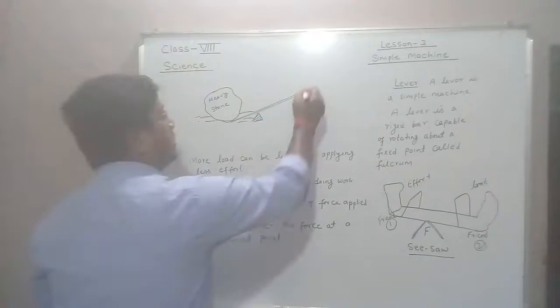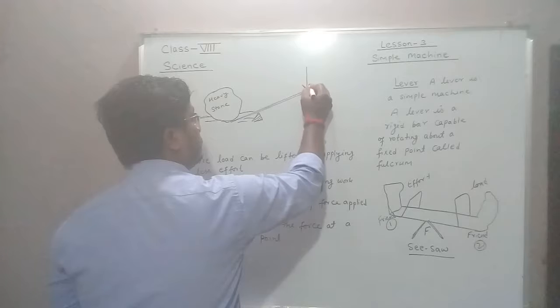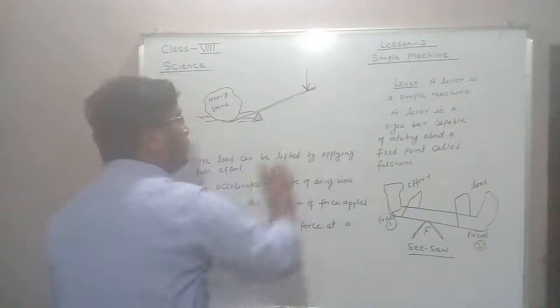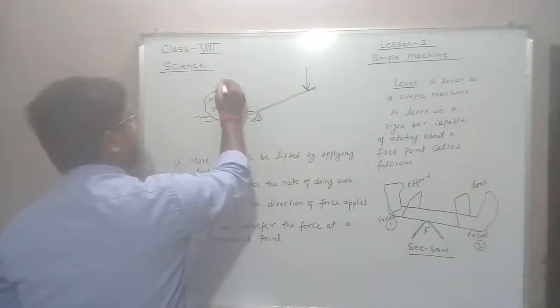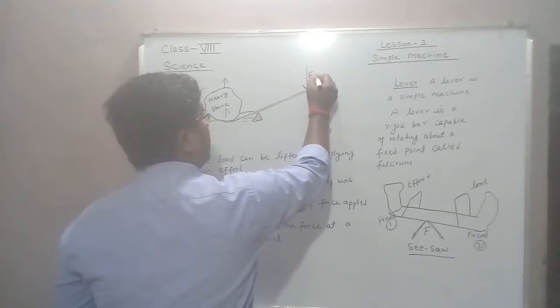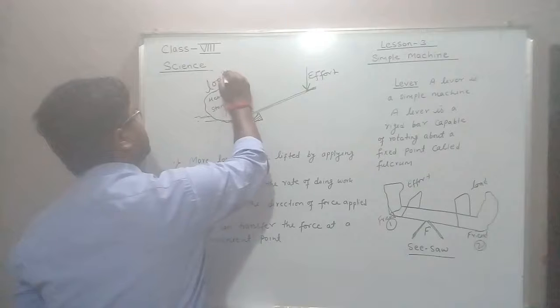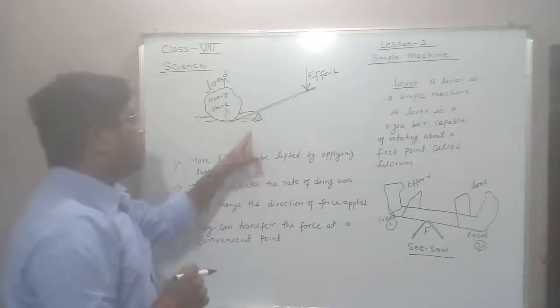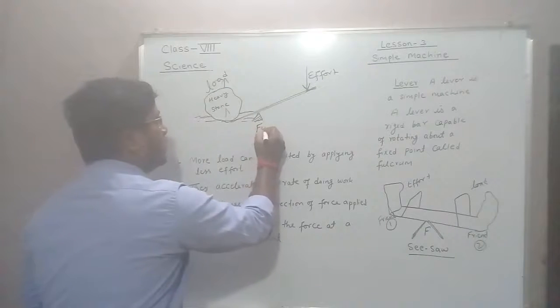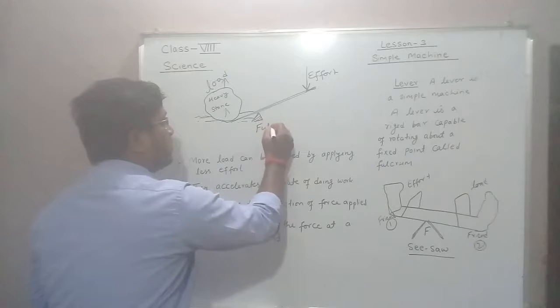Now if you apply your force here and pull it down, the stone will rise up. What is lifted here is your load, and this support we generally call the fulcrum.